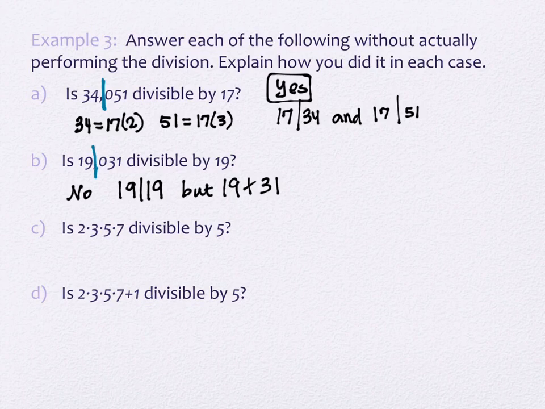What about part C? Part C is not wanting you to multiply that value out. So our goal is not to multiply 2 times 3 times 5 times 7. But is 2 times 3 times 5 times 7 divisible by 5?